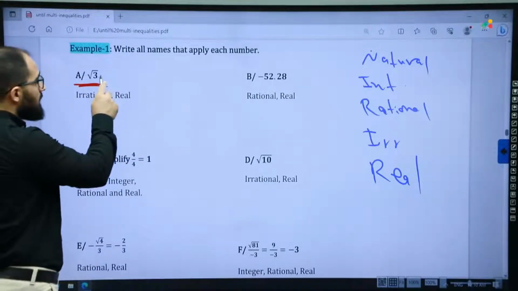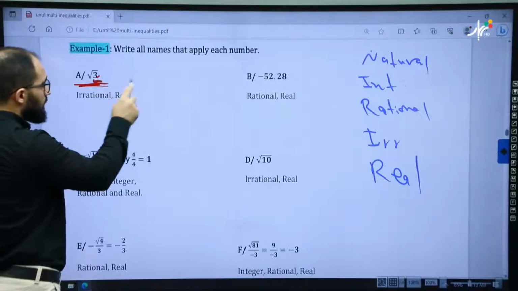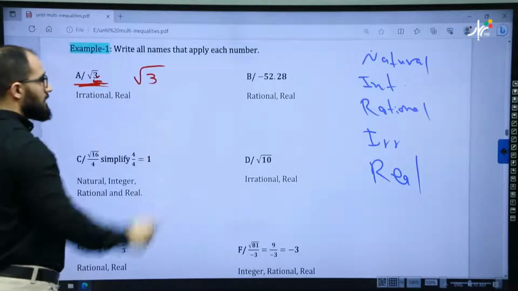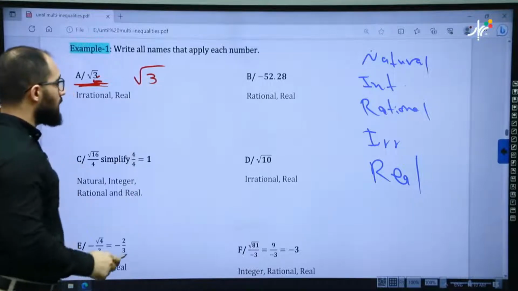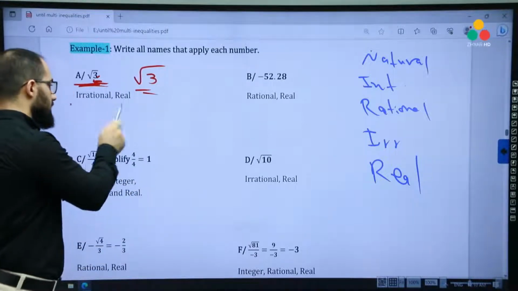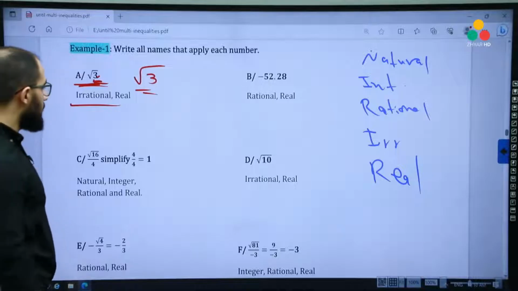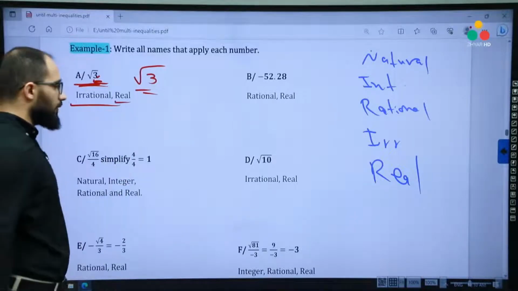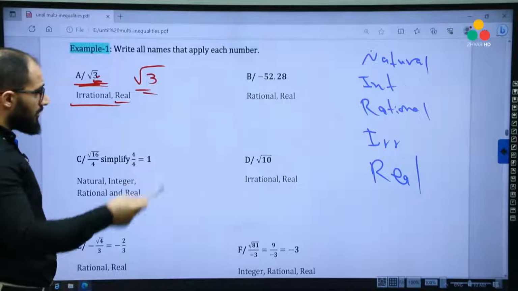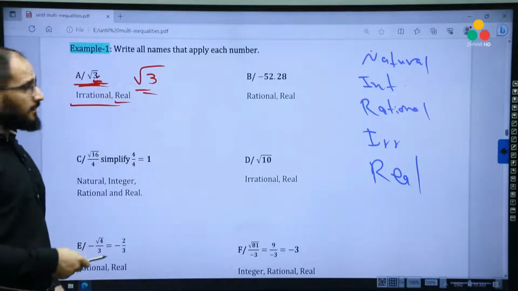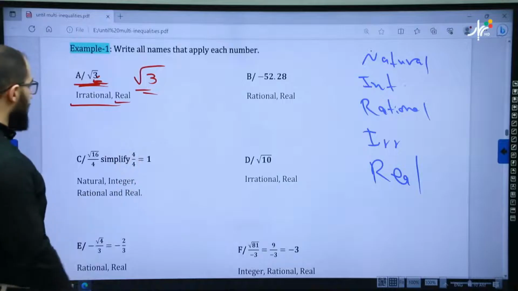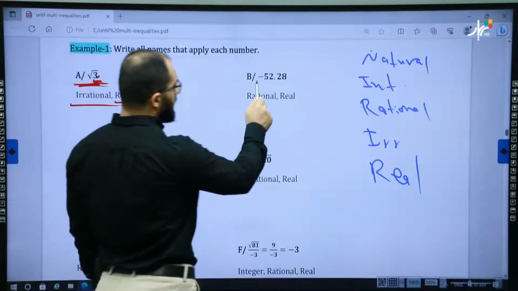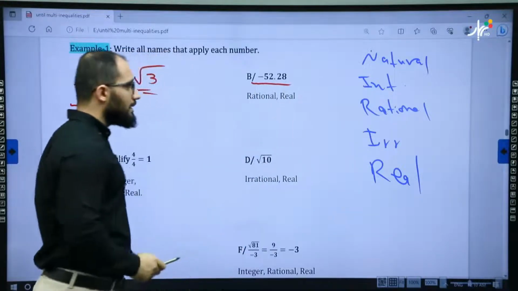The square root of a non-perfect square: 3 is not a perfect square and it has a square root, that's why we are going to say it is irrational. Then we can say it is real because real number is the big family, the big circle. So example B, we have negative 52.28.